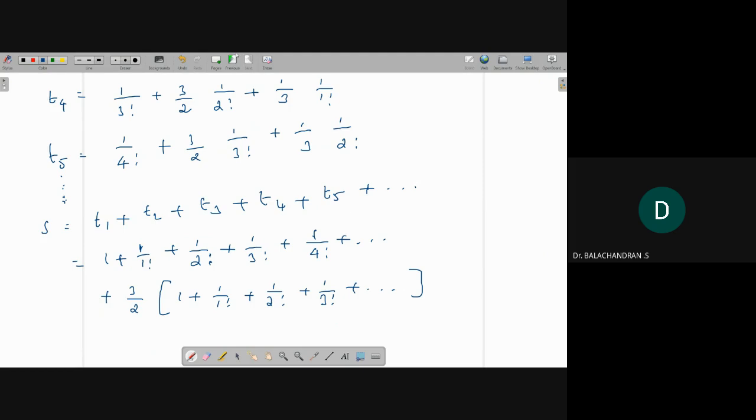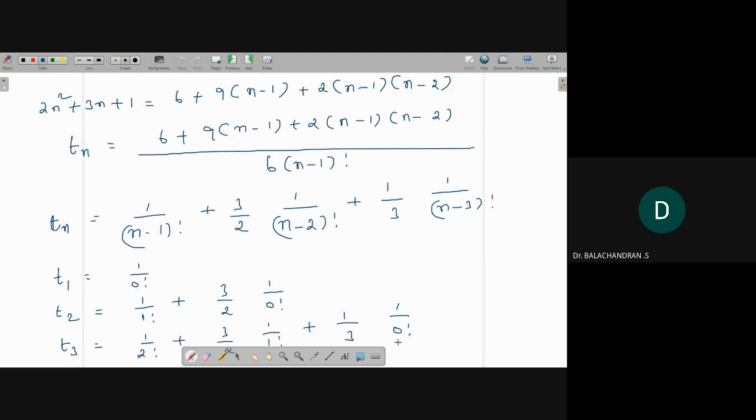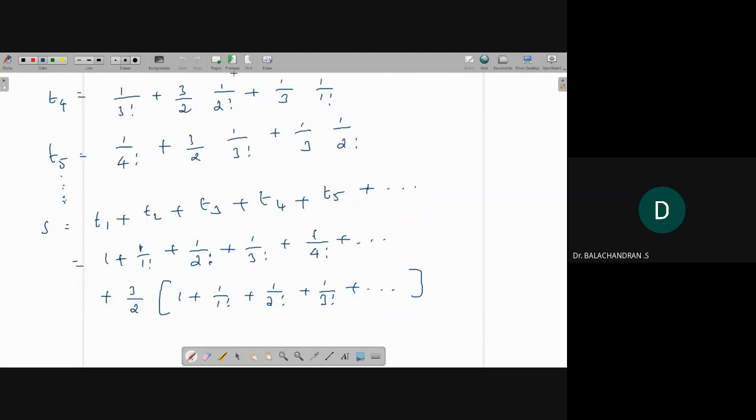And the last column, here 1 by 3 is common, 1 by 3 into 1 plus 1 by 1 factorial plus 1 by 2 factorial and so on.